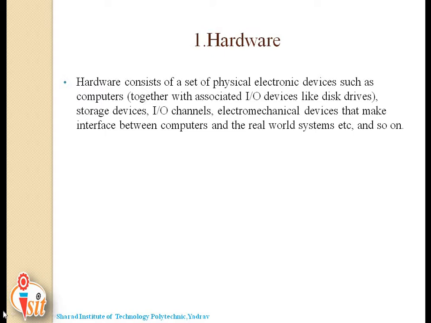Storage devices, printers, network devices like hub, switch, routers, fiber optics, cable, etc. And other devices, it includes automated teller machines, ID readers and so on. This is all about the hardware component.